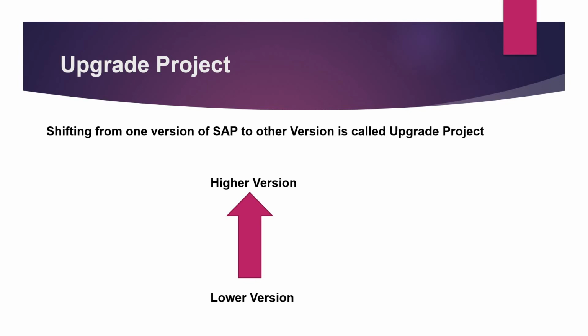As per the news I am getting, the ECC version will be valid till 2028. After that, each and every company has to shift to the S4 HANA system. So this shifting from the old version to the new version is known as the upgrade project.